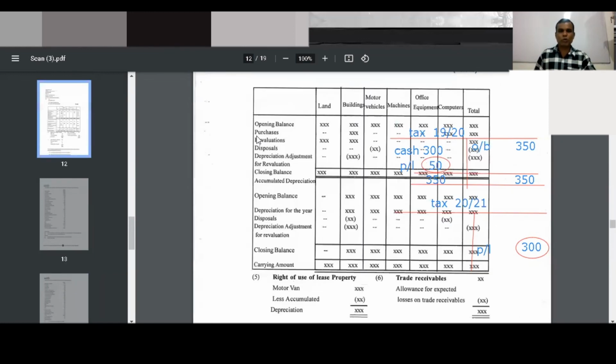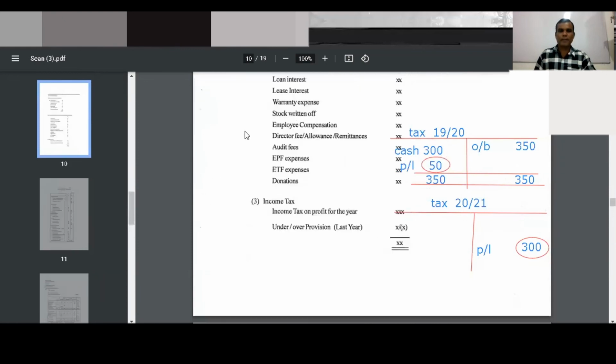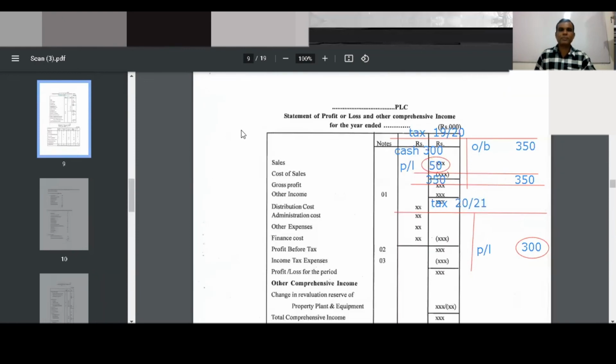Now I'll show you how to record it in the PL account. Here you see, for example, tax expense. You see the tax account for this current year: tax account credit, PL account debit. PL account debit, how much? 3,000.